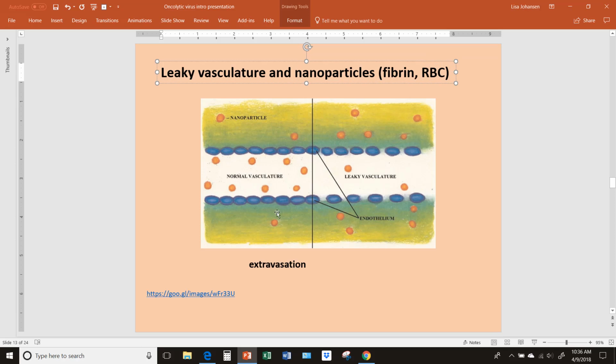Basically what this is trying to show you is that a normal vasculature, the endothelial lining, is nice and tight, so not many of these nanoparticles are going to get through. But when you make them leaky, you're going to see an increase in nanoparticles in the tumor tissue. Extravasation is basically the word that talks about leaky. So things are coming out of the vasculature into the tissue.